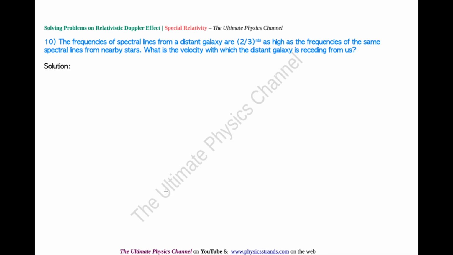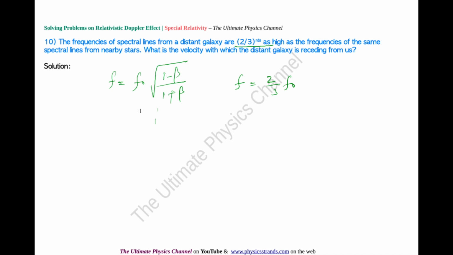Obviously, the Doppler shift formula for frequency in this case is the recession frequency. So it is F is equal to F naught square root of 1 minus beta over 1 plus beta. Because for receding galaxies, distant galaxies, the frequency has to reduce. Here F is given as 2/3 of F naught. Actual frequency F naught, 2/3 of that is our observed frequency F.